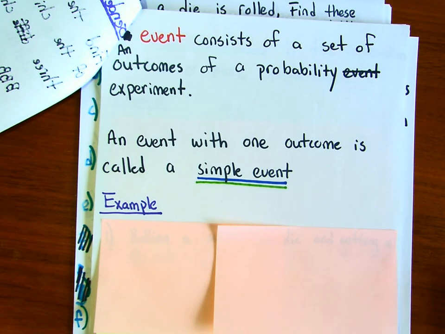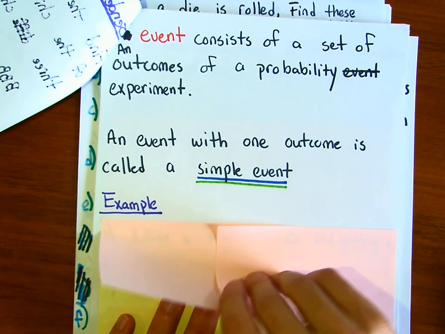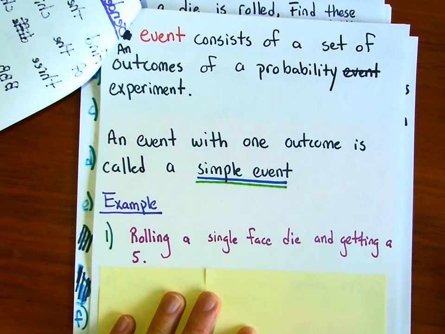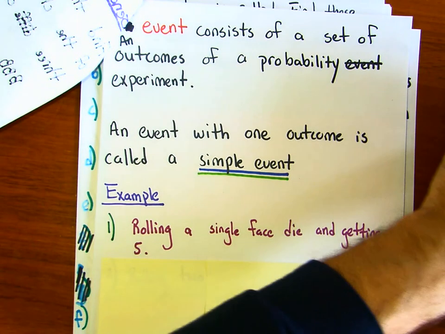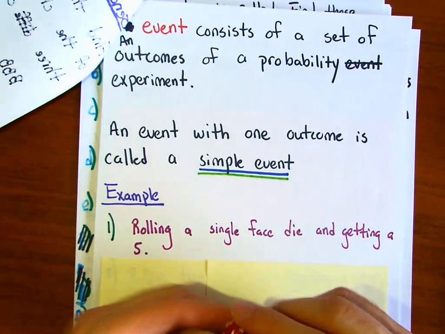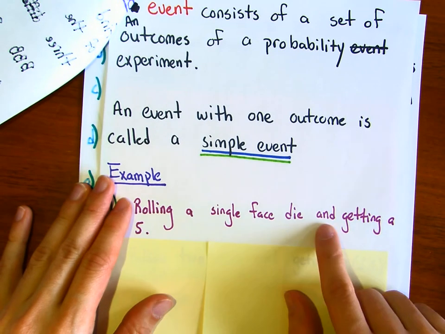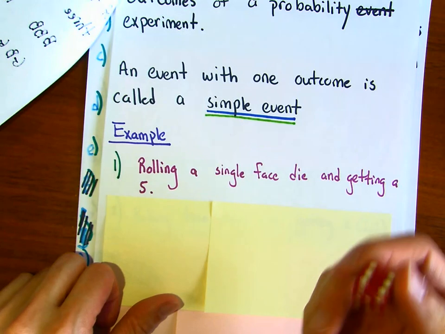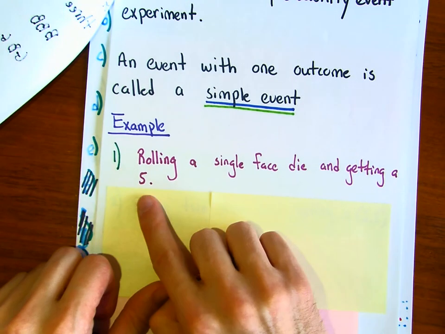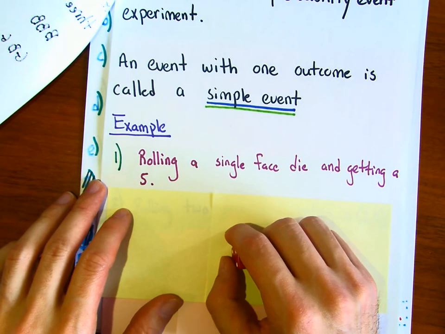Let's look at one example. Let's say I said rolling a single die, so let's imagine you have a die. And I said, let's get a 5.